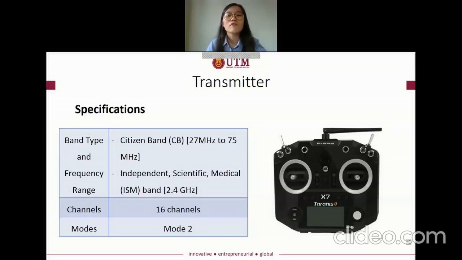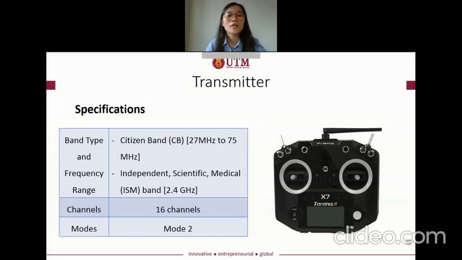In this project, we are using 2.4 GHz frequency band. This is because of the frequency hopping spread spectrum. At the same time, the frequency band produces lower interference as the frequencies of any source of noise are automatically separated by the radio. Besides, it provides a higher performance level as more responsive control is offered due to its high data rate.